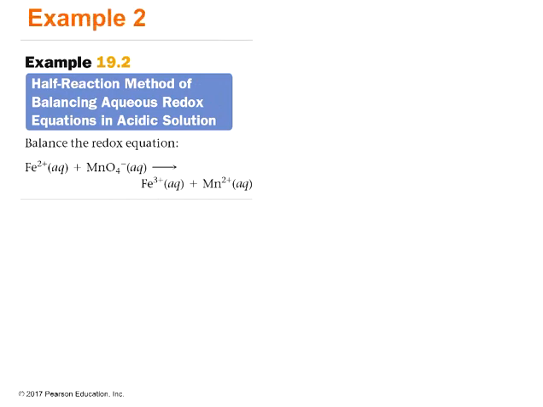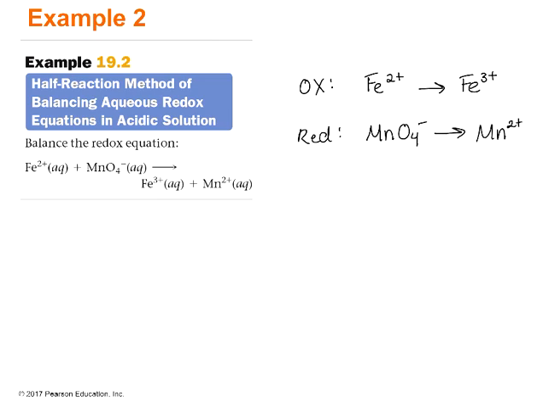So our oxidation half reaction, iron 2 plus becomes iron 3 plus. And then for reduction, manganese in permanganate becomes manganese 2 plus.